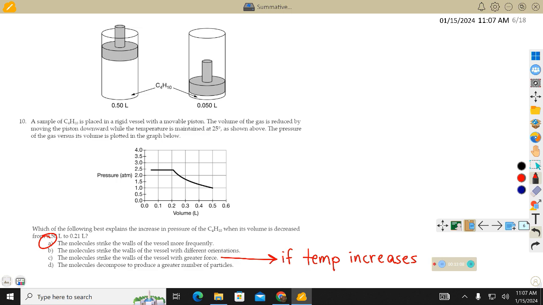Now, sometimes people will put C, that they collide with greater force, and that might be applicable if the temperature were also changing, that then the particles would have more kinetic energy and they're moving around faster, they collide more frequently and more forcefully. But here the temperature is the same. So the best explanation is probably A, that we're just forcing all those particles to collide in a smaller space. So in that smaller volume, they'd be colliding more frequently.